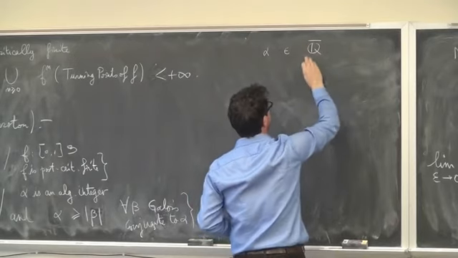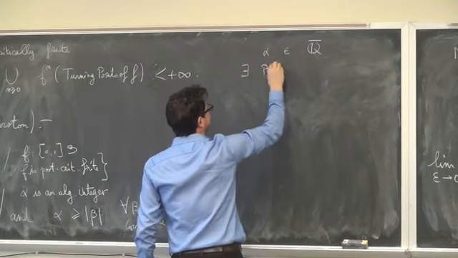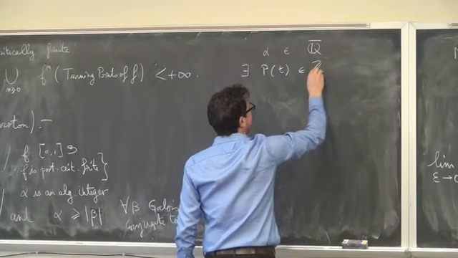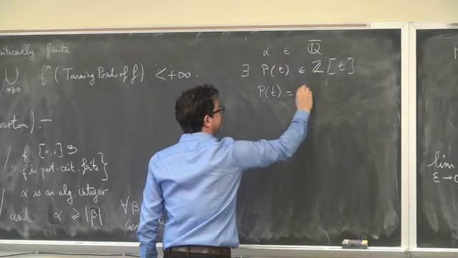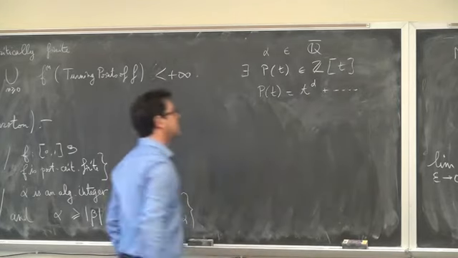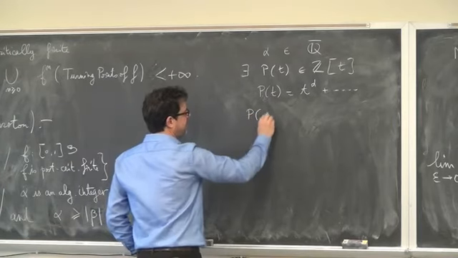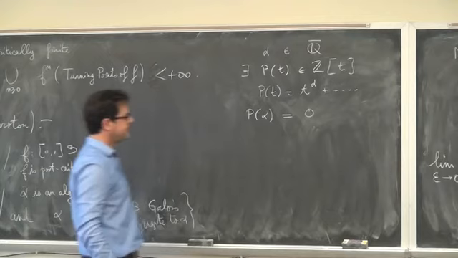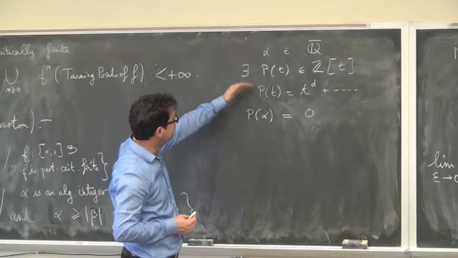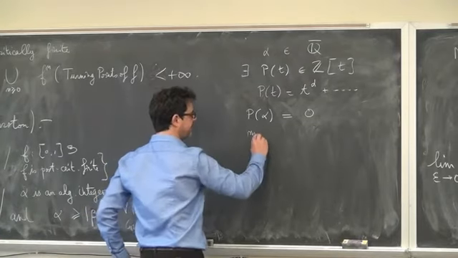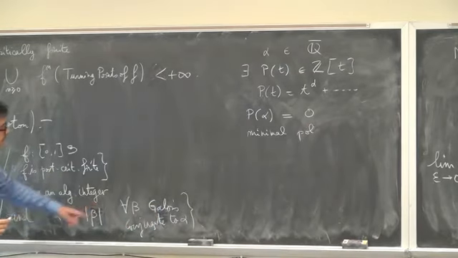So it's an algebraic number, but more precisely, there exists a monic polynomial p with integral coefficients such that alpha is a root of p. And you can choose p with minimal degree, so you can take p a minimal polynomial for alpha. And then the Galois conjugates are the roots of p.